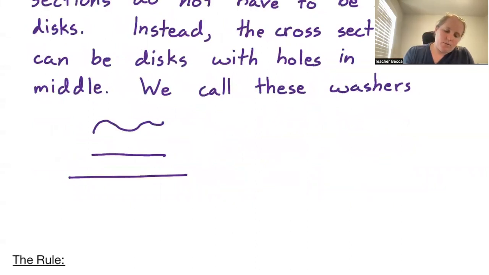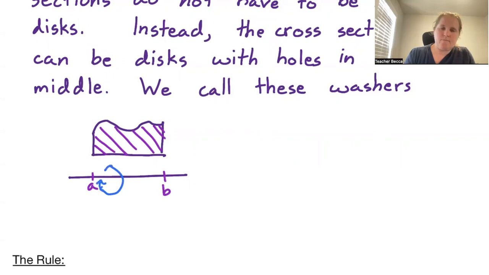And then we want to rotate the region that's above the horizontal line and below our squiggle between a and b about the x-axis. So when we rotate about the x-axis, we will not have anything in the middle of our shape since we are rotating empty space there.